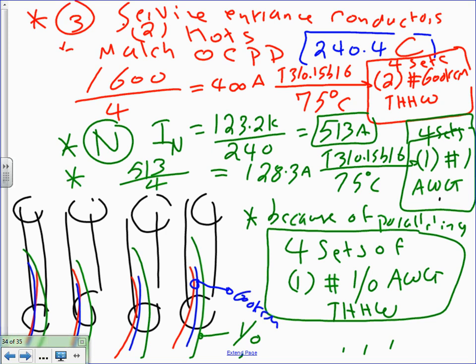That's for the neutral. So we're using 310.15 instead of the 250.122 for this one. We don't use the 250.122 for that one, because there's no overcurrent protection device on the neutral. We're just sizing the cable. We don't have a fuse for the neutral, right? It lands on a lug.